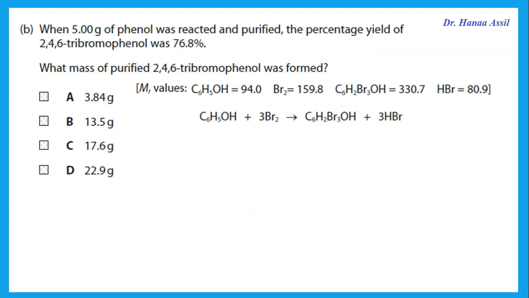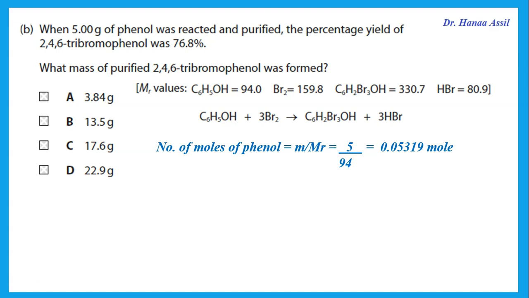When 5 grams of phenol was reacted and purified, the percent yield was 76.8%. What mass of purified tribromophenol was formed? Now, we have 5 grams of phenol, so I can calculate how much product I should get. So if we have the 5 grams of phenol, number of moles of phenol is mass over molecular mass of phenol, and that is the number of moles.